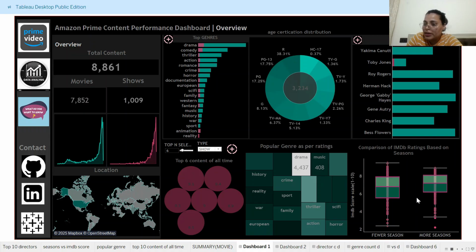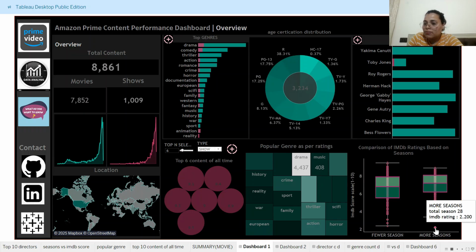We can say that if we have shows with more seasons, people are going to be engaged with those shows, and they are likely to watch the content on the OTT platform. They are going to subscribe because it is going to be for a longer period of time, so people are going to watch it. So we can have this kind of insight, right?